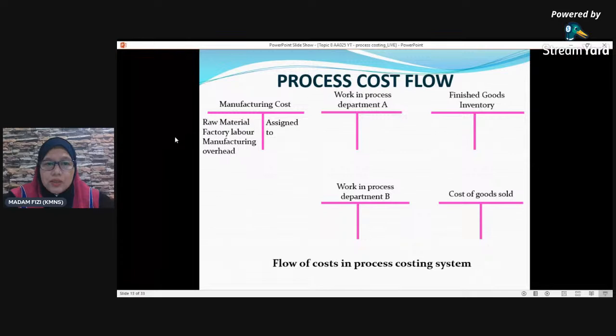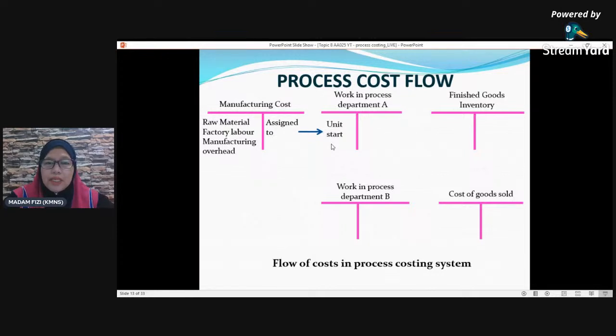So, firstly mestilah kita masuk ke department A. So, the cost is assigned to department A. The unit that is assigned to department A is called unit start. Okay, so dekat department A ada unit start.